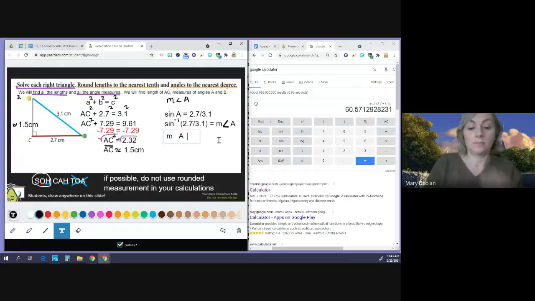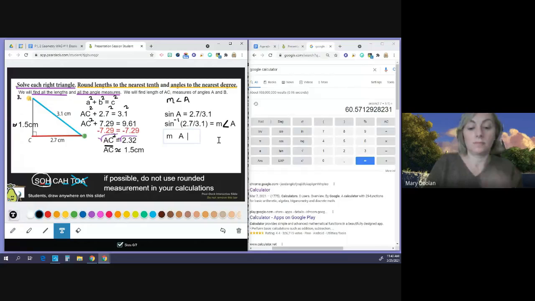Measure of angle B. What's this guy? You can use a trigonometric ratio, or we could just use the fact that A and B are complementary. A plus B is 90. And since I already know this angle is 90, this one's about 61. This mystery amount here, basically, what we're going to do is just add and subtract.